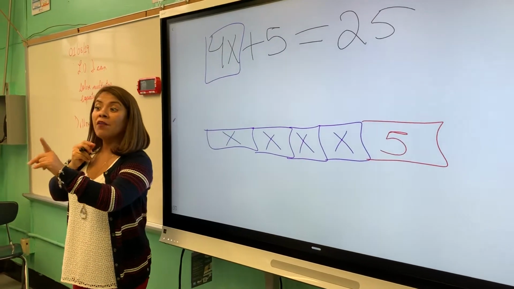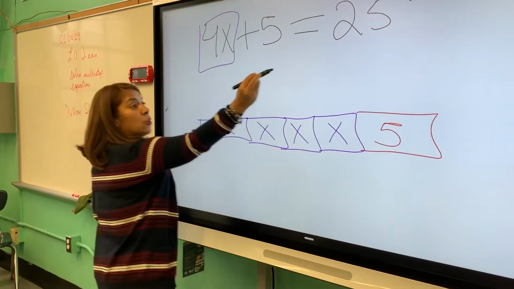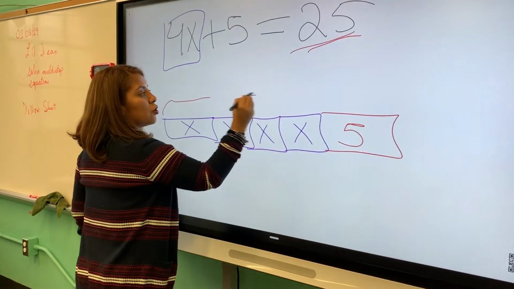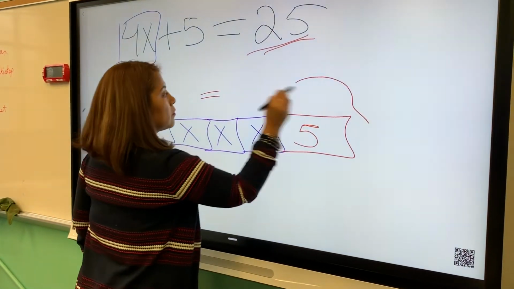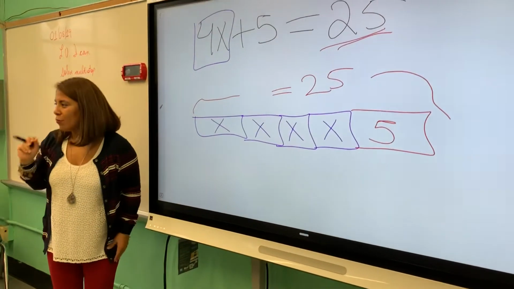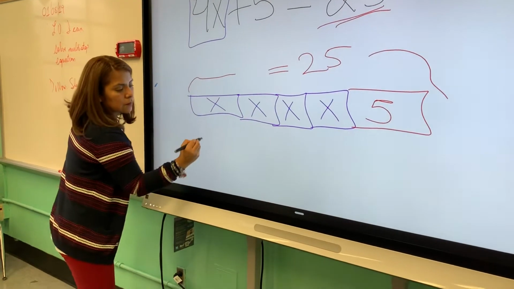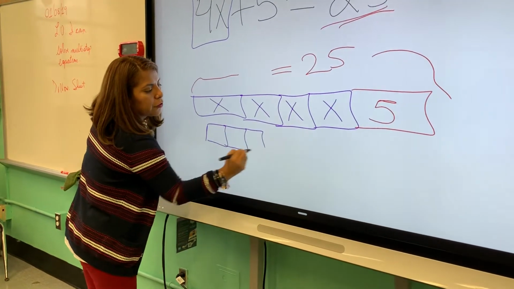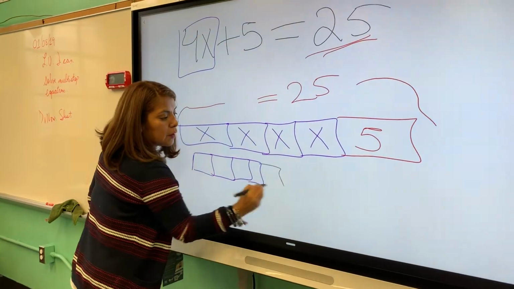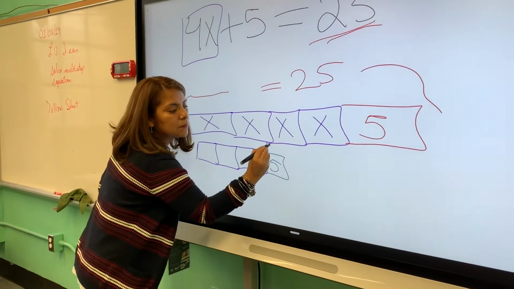For those who still are having problems solving equations, my total is equal to 25. So I'm going to get this 4x I have here, again 1, 2, 3, and 4, and I'm going to get this 5, but this time I'm going to write my 5 on top.